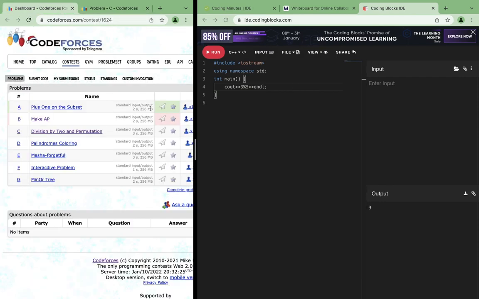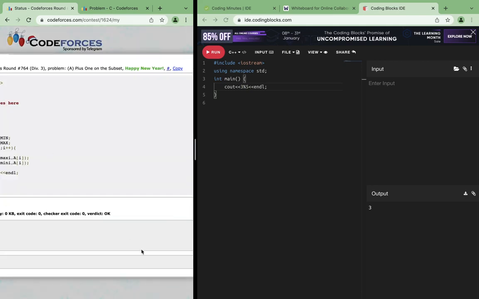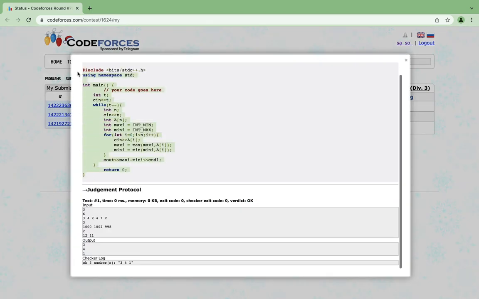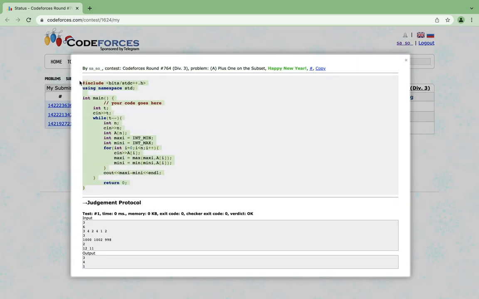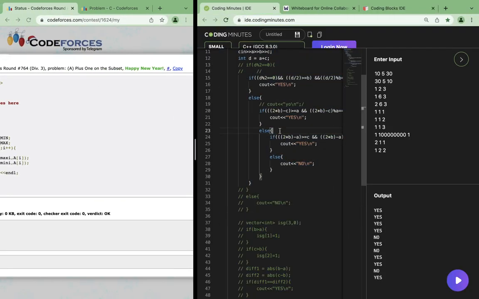I'm gonna take my previous code and just paste it in here.